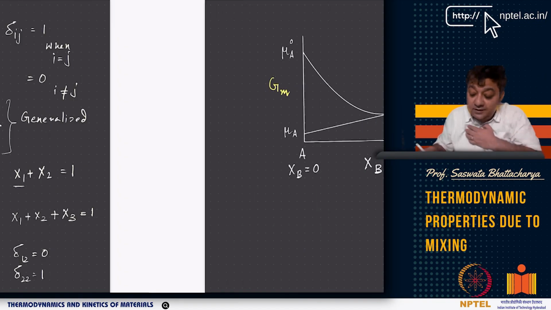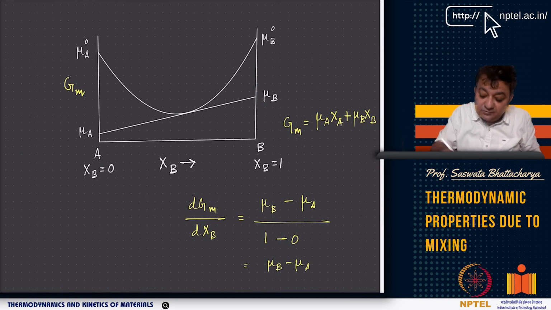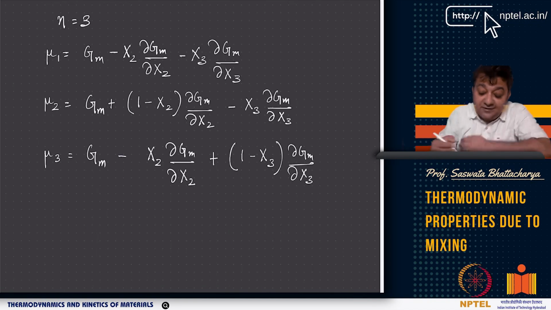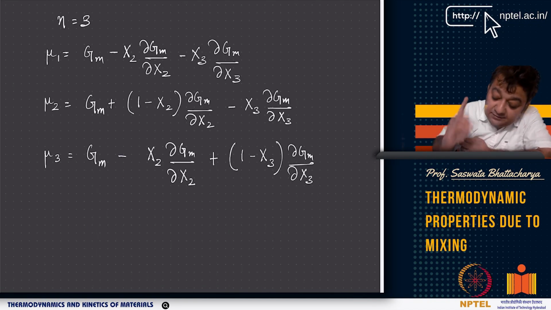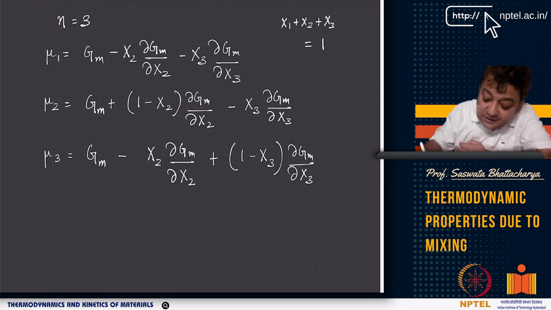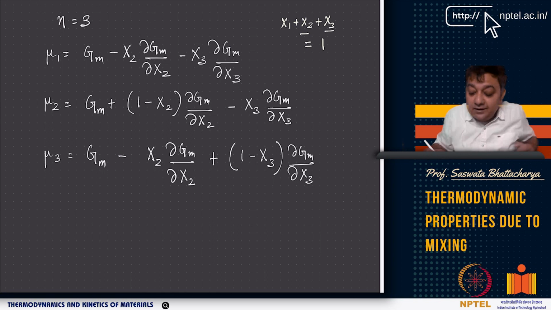So as I have done here, mu a and mu b, or mu1 and mu2. Now if you put n equal to 3, apply that formula. There is an interesting part: x1 plus x2 plus x3 equal to 1, so x2 and x3 are independent.